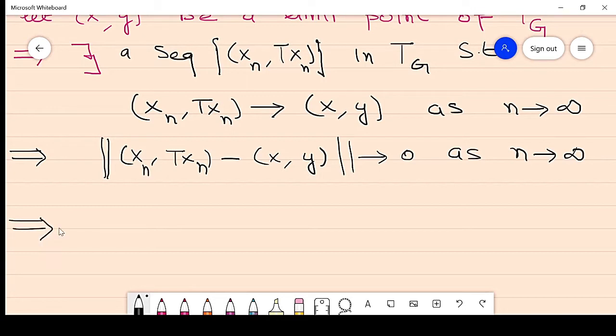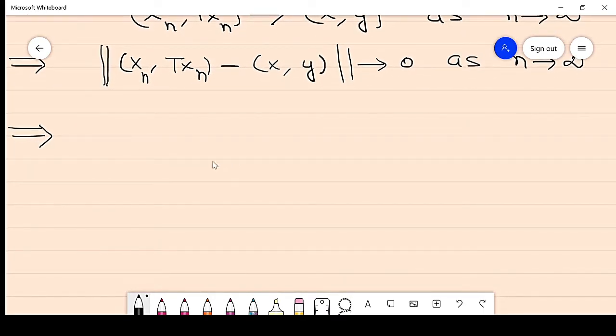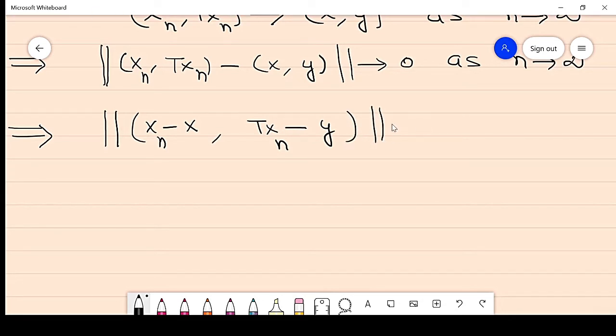Again it implies, here we use the definition of the norm: the norm of (xn minus x, Txn minus y) approaches 0 as n approaches infinity.